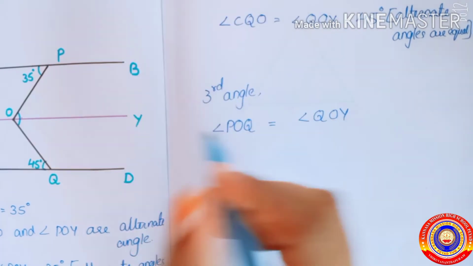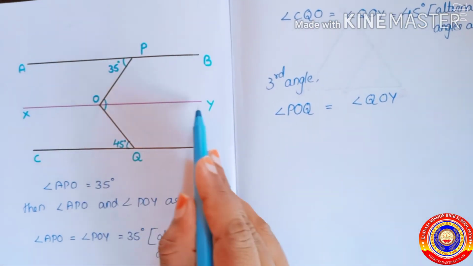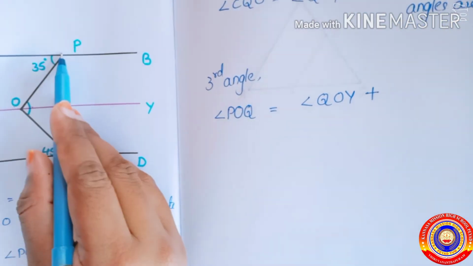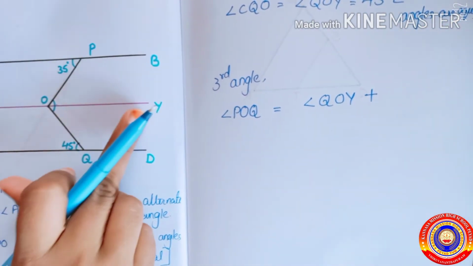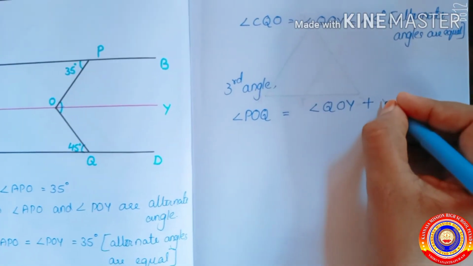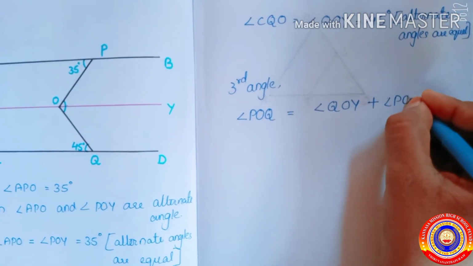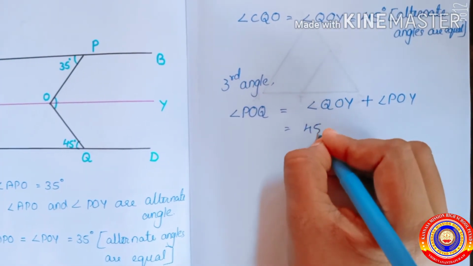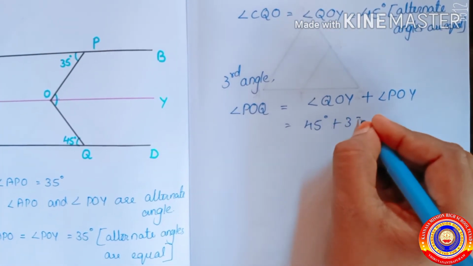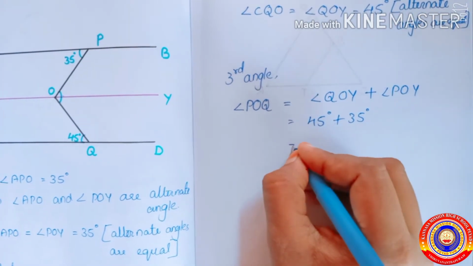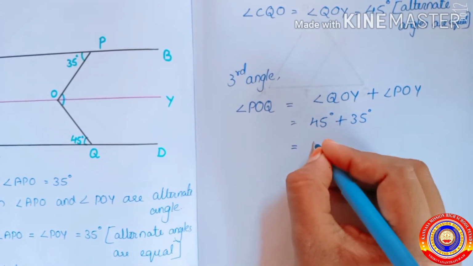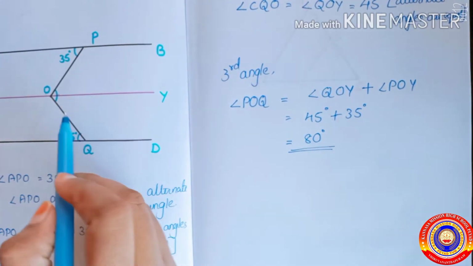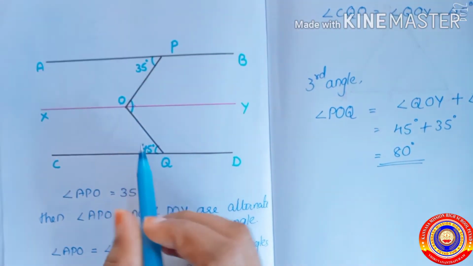Therefore, angle POQ is equal to angle QOY plus angle POY. Angle QOY is 45 degrees plus angle POY is 35 degrees. 45 plus 35 is equal to 80 degrees. So we got the third angle measurement as 80 degrees.